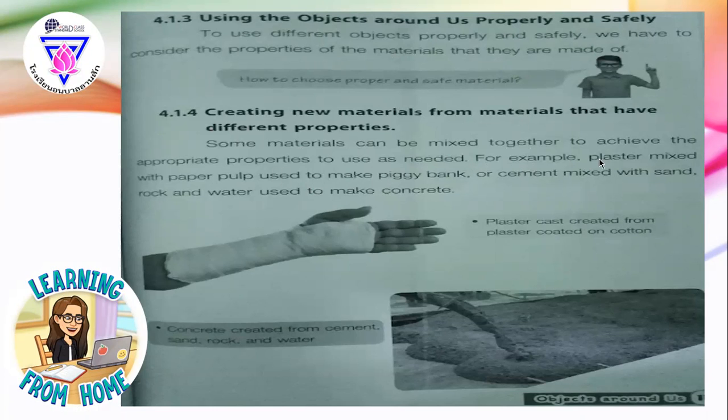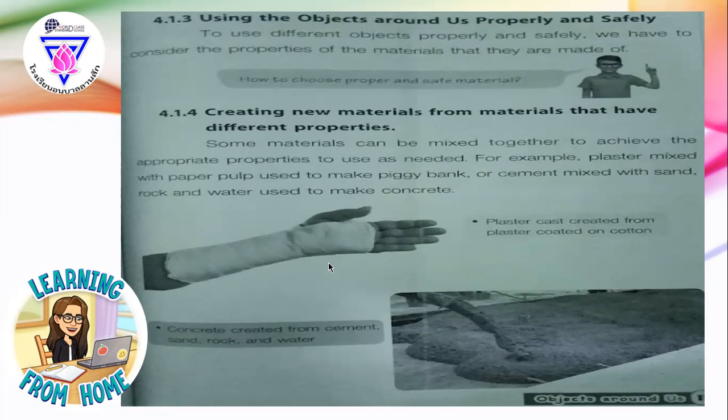For example, plaster mixed with paper pulp is used to make a piggy bank, or cement mixed with sand, rock, and water is used to make concrete. Meaning to say, if you are going to make a new material, we can do so by using different kinds of properties.